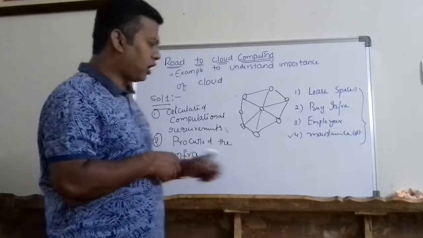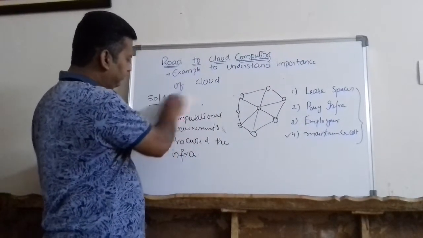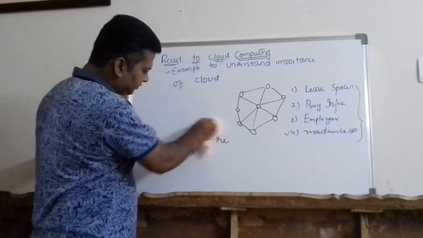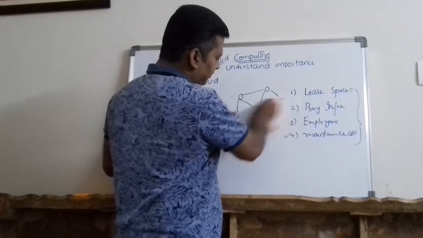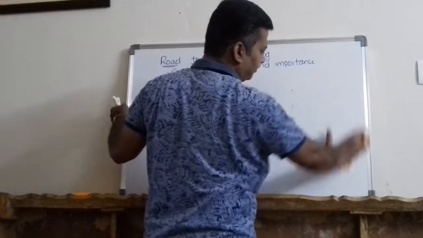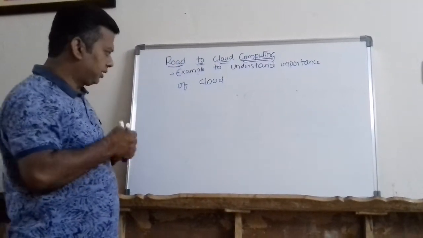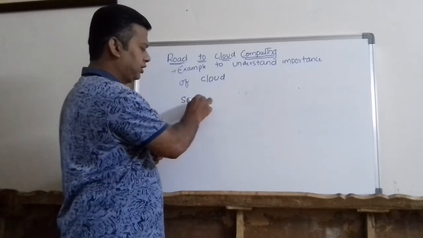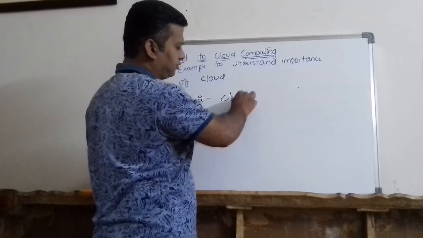So what cloud is going to offer, that we will see now. So solution 1 seems to be a better solution when compared to running the entire application from a single machine. Now solution 2, which is cloud.